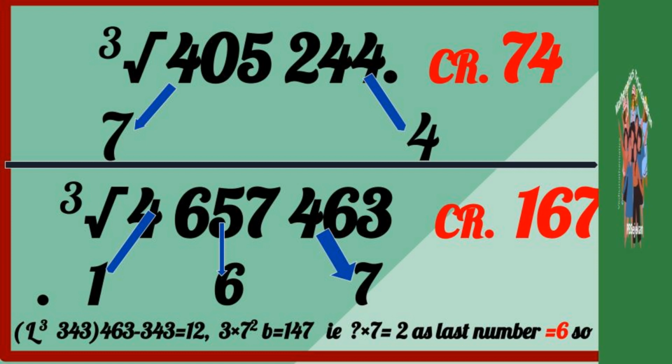The 3a squared b, that is 3 into 7 into 7b, gives 147b. With which digit should we multiply the 7 of 147 to get 2 as the last digit? Naturally, 6 sevens are 42. So 6 is the middle digit. So the cube root is 167.